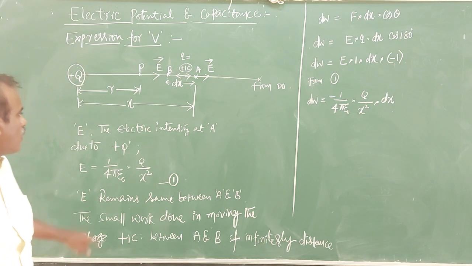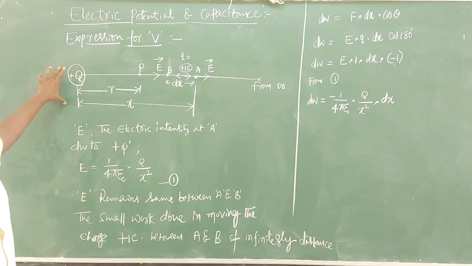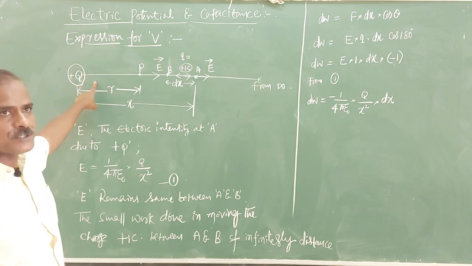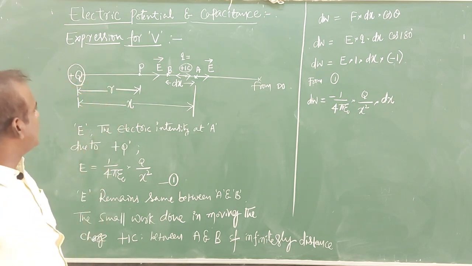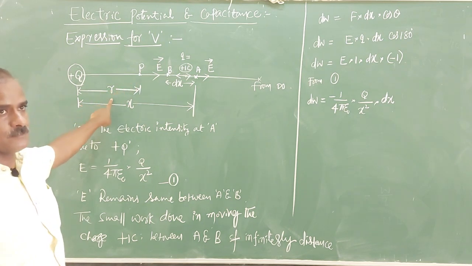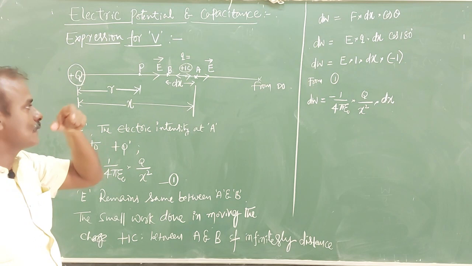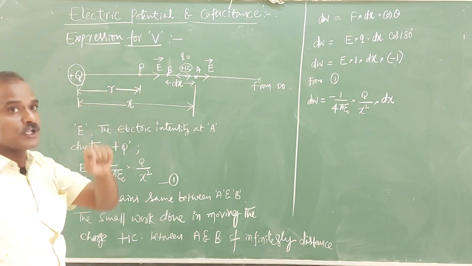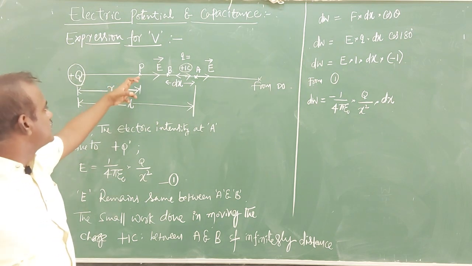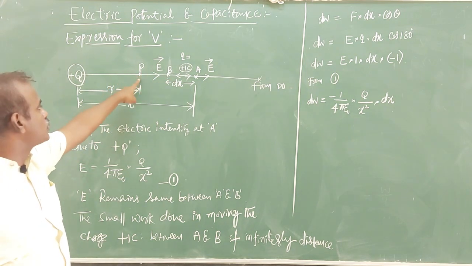Observe the steps carefully. Look at the diagram drawn. Q is the positive charge located in space. Let P be a point at distance R, where we have to find electric potential due to this charge, where we want to know how much work is to be done to move a charge up to here.